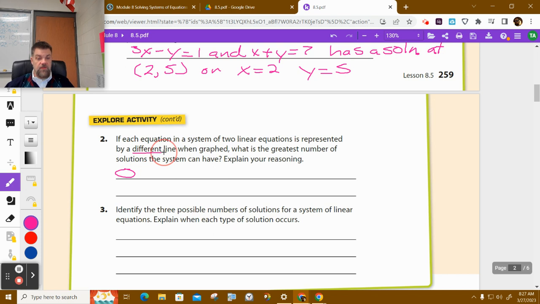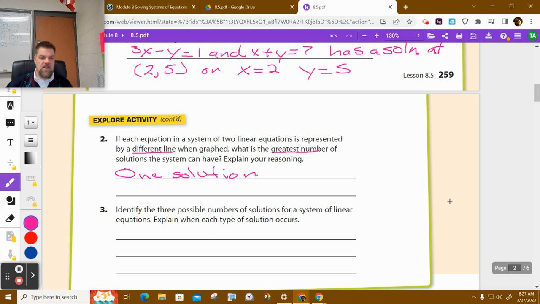Because if they're a different line, you can only have one solution. That's the greatest number. You could have no solution, but they would only intersect at one point if they're different lines. If they're the same lines, you'll have infinitely many solutions. But if it's two lines, they're going to cross somewhere. It doesn't matter how different they are. Even if they look like they're parallel, but they're not slightly, they'll intersect somewhere. So you'll have one solution.